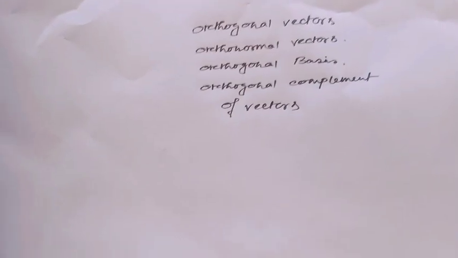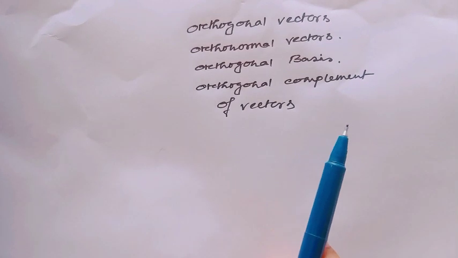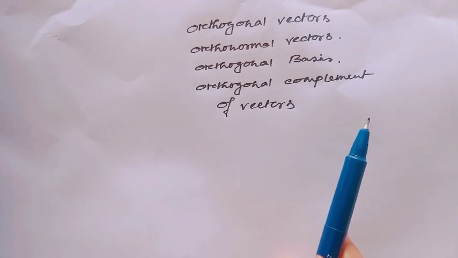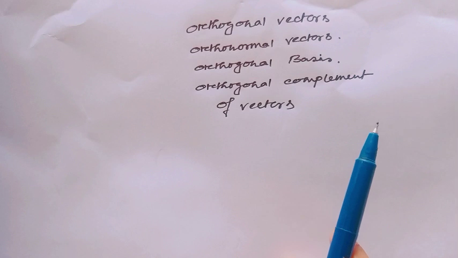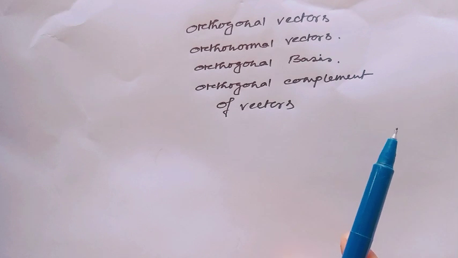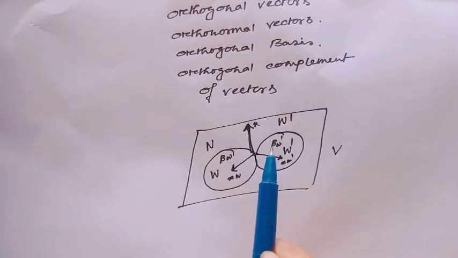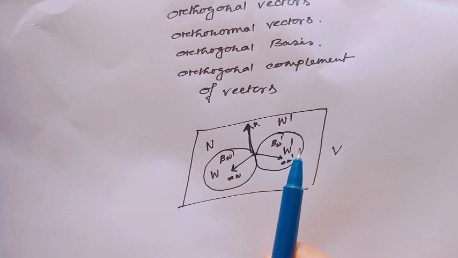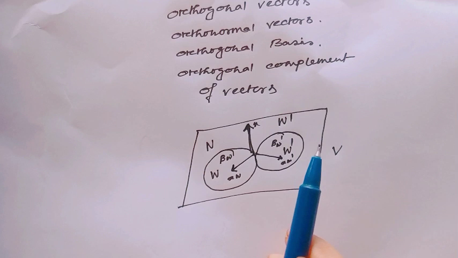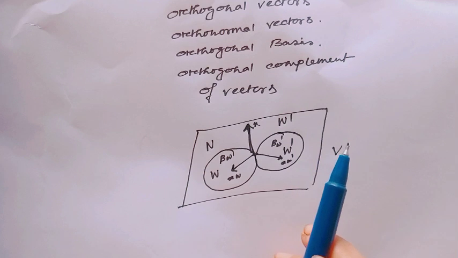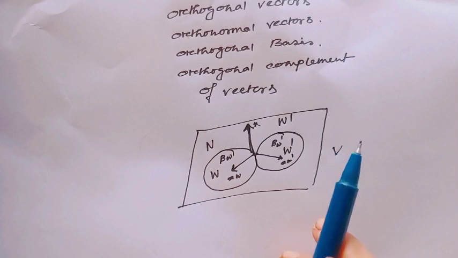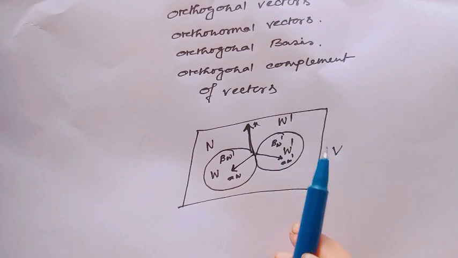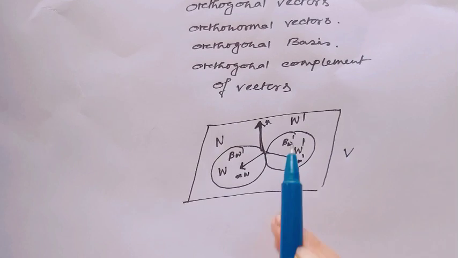Welcome back. In my previous video, I talked about orthogonal vectors, orthonormal vectors, orthogonal basis, and orthogonal complements of vectors. I had seen any arbitrary vector x can be written as the sum of two parts, from a subspace W and its complement W perp.